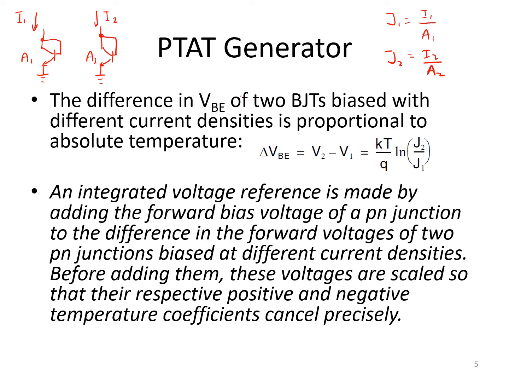So the idea is that you make two BJTs like this and you bias them with different current densities, J1 and J2. Now by doing so, it's straightforwardly shown that the difference between their base emitter voltages will be PTAT.